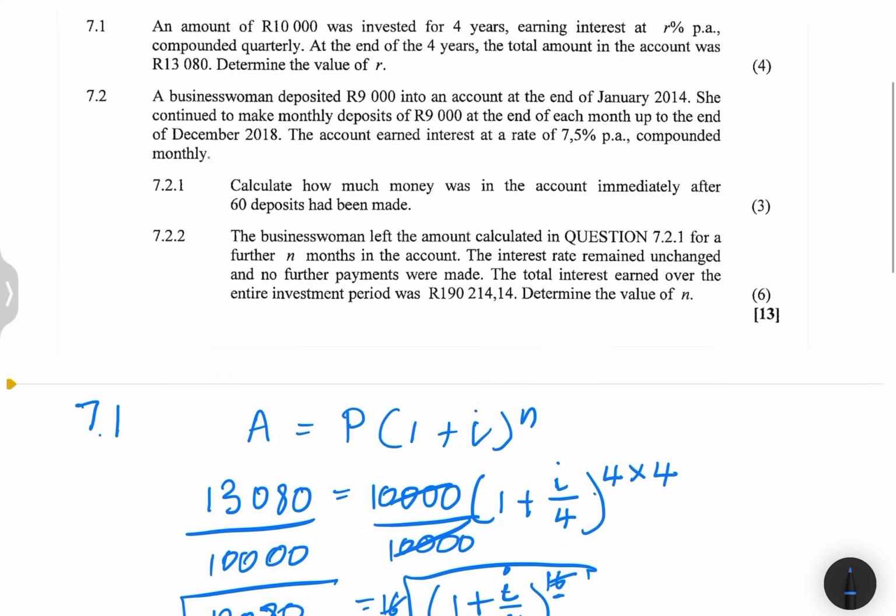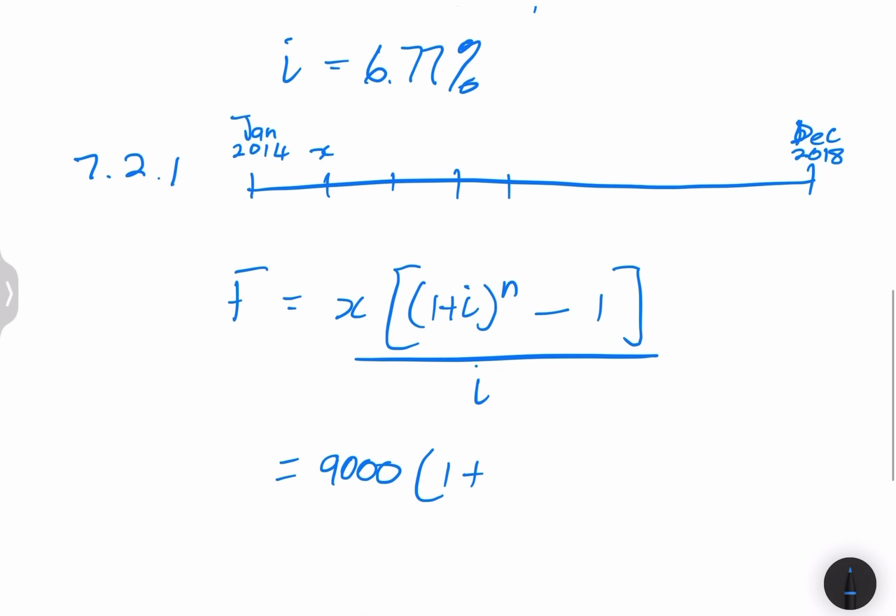But remember, in this case, we divide that by 100. 7.5 divided by 100 will give us 0.075. Now please note, it's compounded monthly, so we're going to divide that by 12.